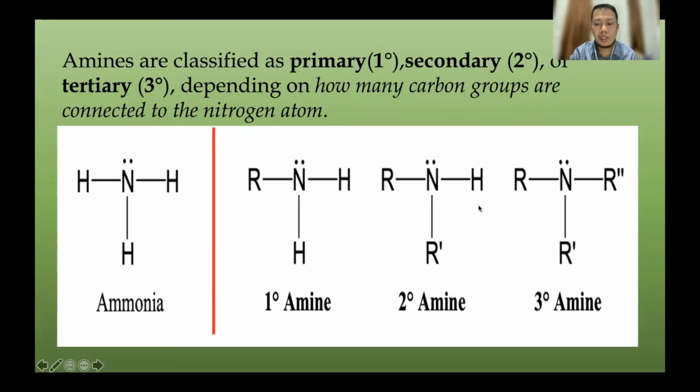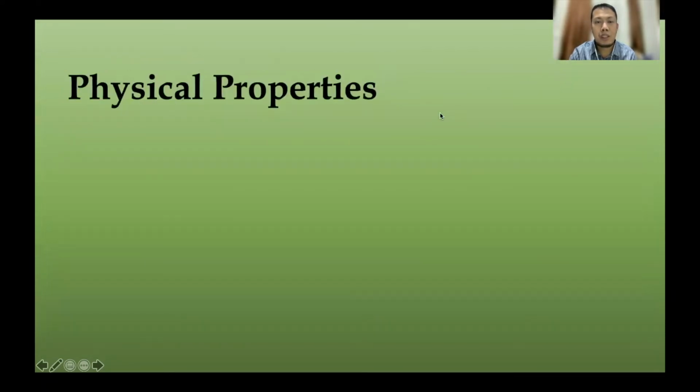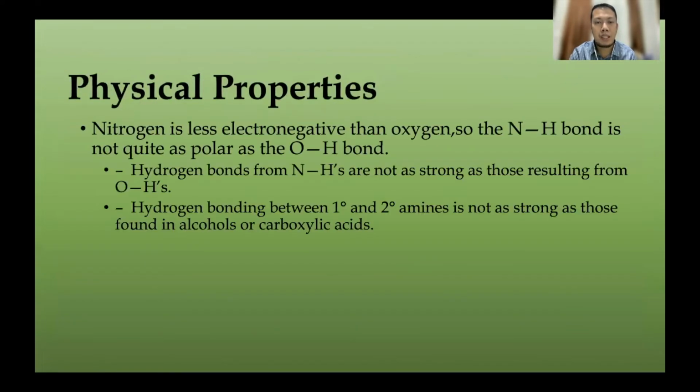With that, we can look into the properties of amines. Nitrogen is less electronegative than oxygen, so the N-H bond is not quite as polar as the O-H bond. If you remember in the previous discussion, carboxylic acid has a strong polar structure because of the O-H bond.